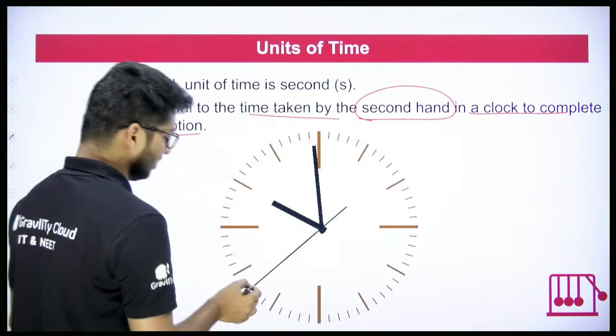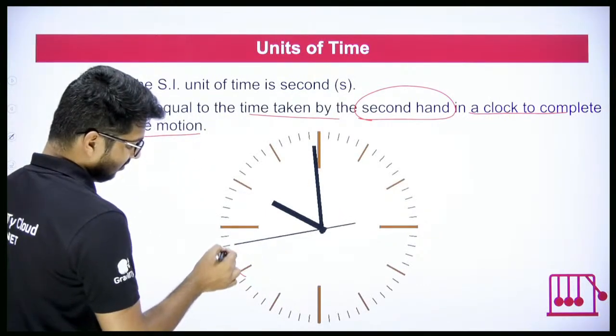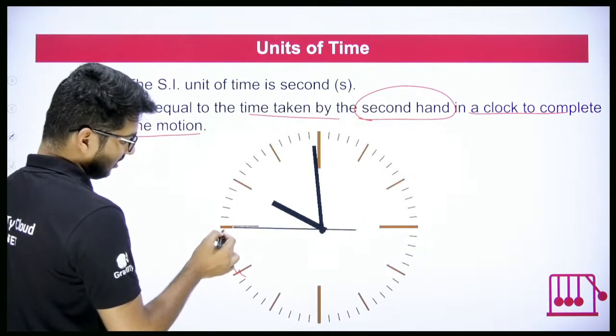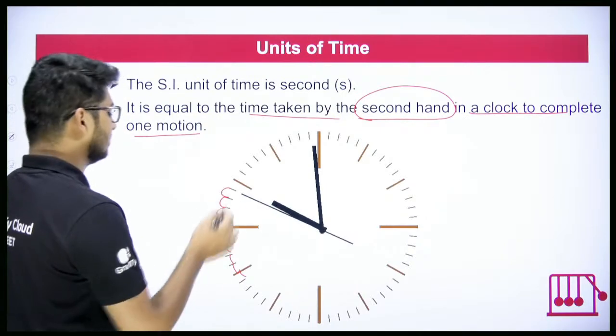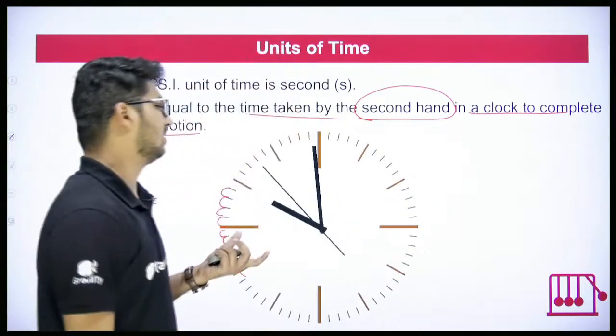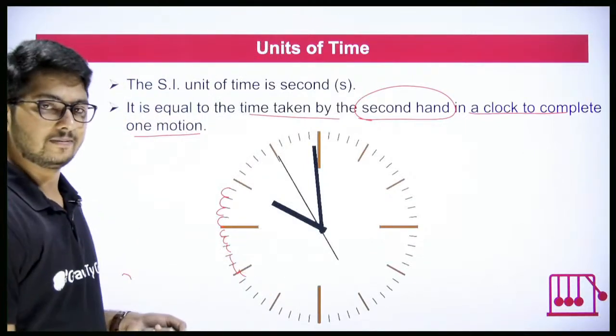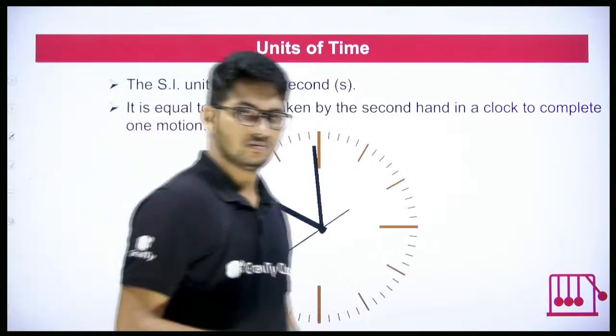Here to here, 1 second, 1 second, 1 second. Every single motion of the second hand is 1 second. Clear? So you can define 1 second in that way, yes or no?